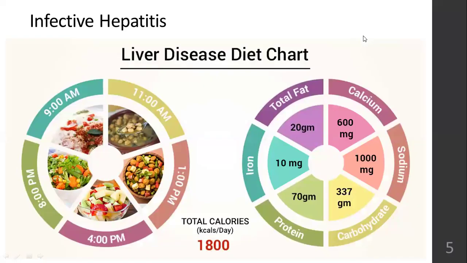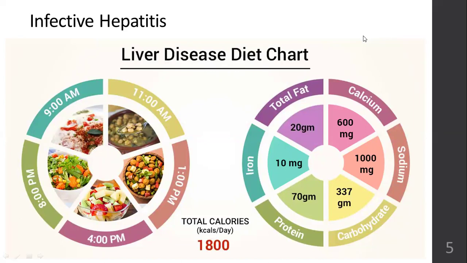So dietary management. For an adult, we try to maintain 1800 kilocalories on a daily basis. Your focus should be on protein and carbohydrates, but make sure your fat intake is low, not more than 20 gram of fat.